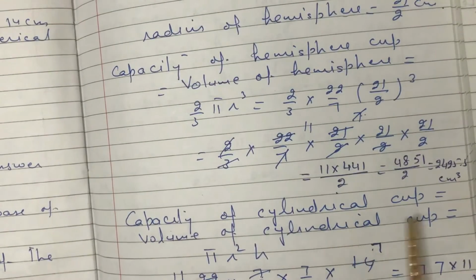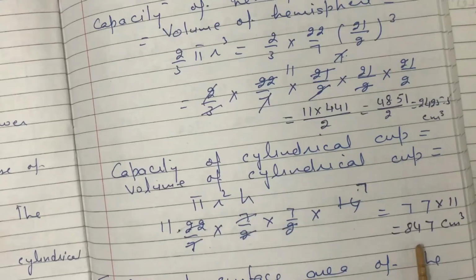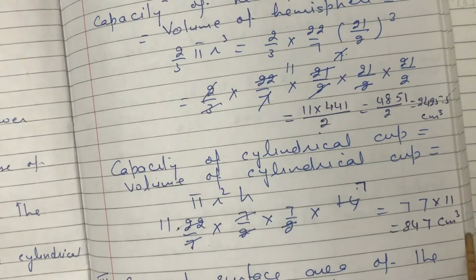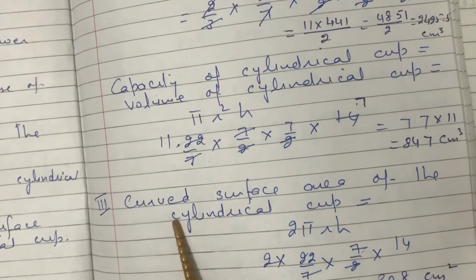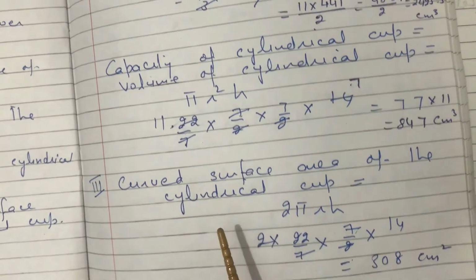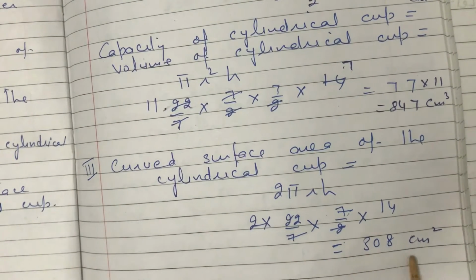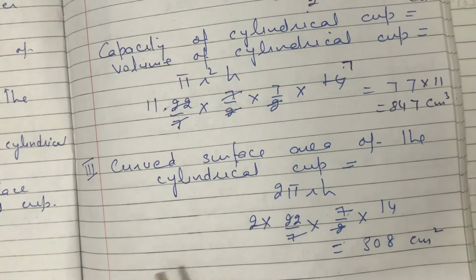Then capacity of the cylindrical cup will come out to be 847 centimeter cube. Then the curved surface area of the cylindrical cup is equal to 308 centimeter square. So these are the answers of all these 4 questions, and you can pause my video and check it.